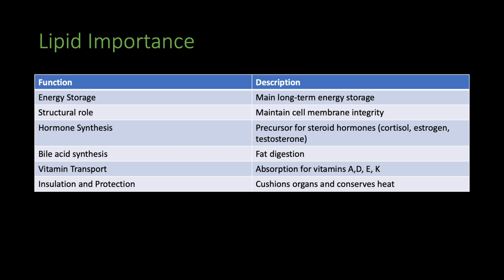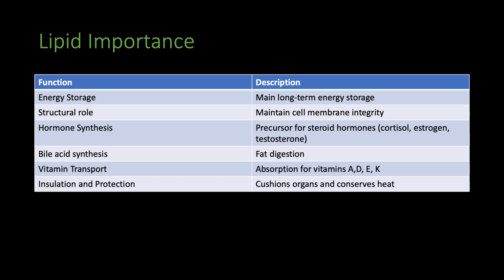So lipids are a very important thing in our body. They are used for helping with energy, helping with the structural role of our cell membrane integrity, hormone synthesis, used as a precursor for steroid hormones.